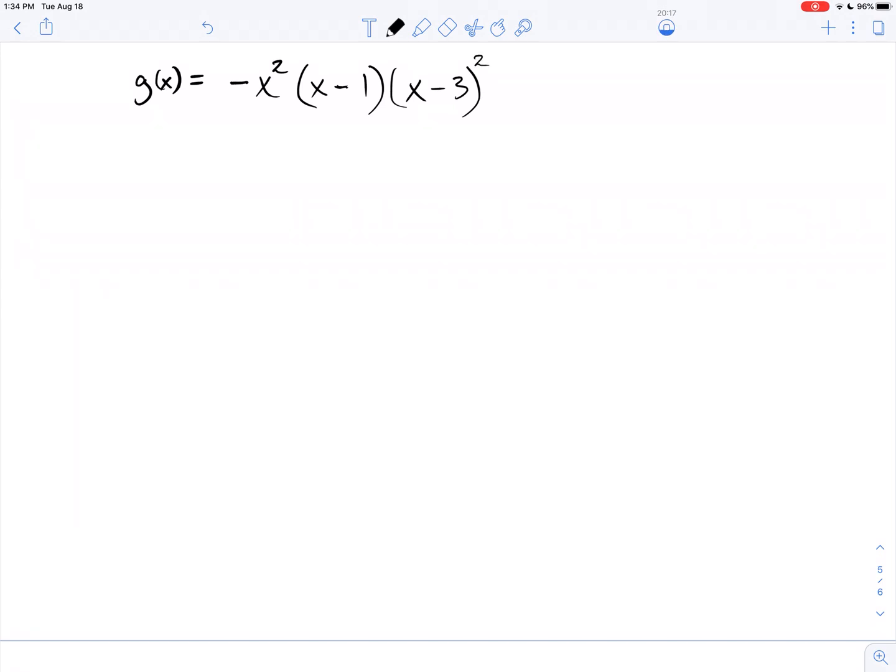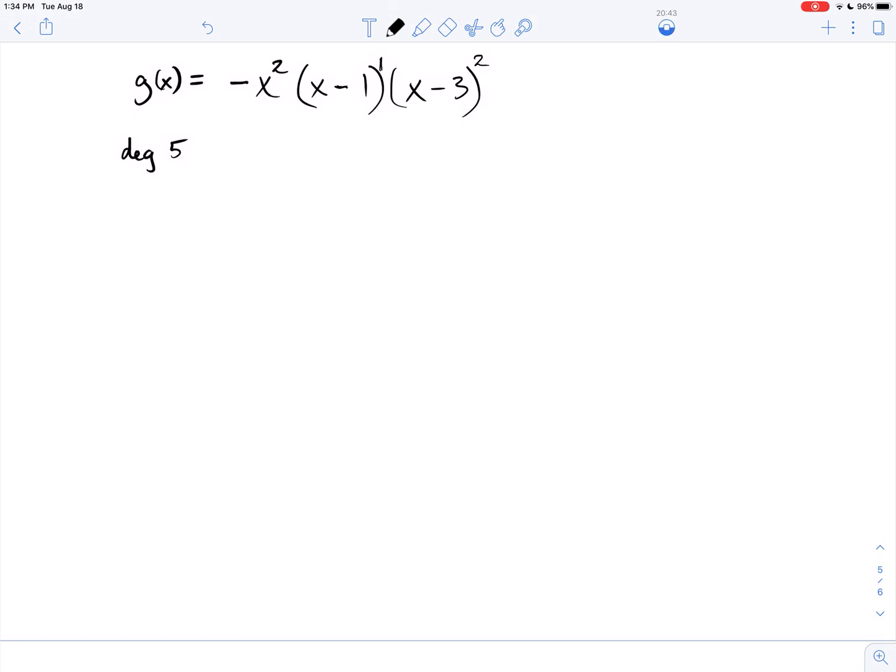Now take a look at that. Is this going to be even or odd degree? Add up the powers, but guess what? They didn't put anything here. It doesn't mean it's not there. It's a 1. So now let me ask the question again. What do you think the degree of this is? I would say it's degree 5. This is a 5th degree polynomial.